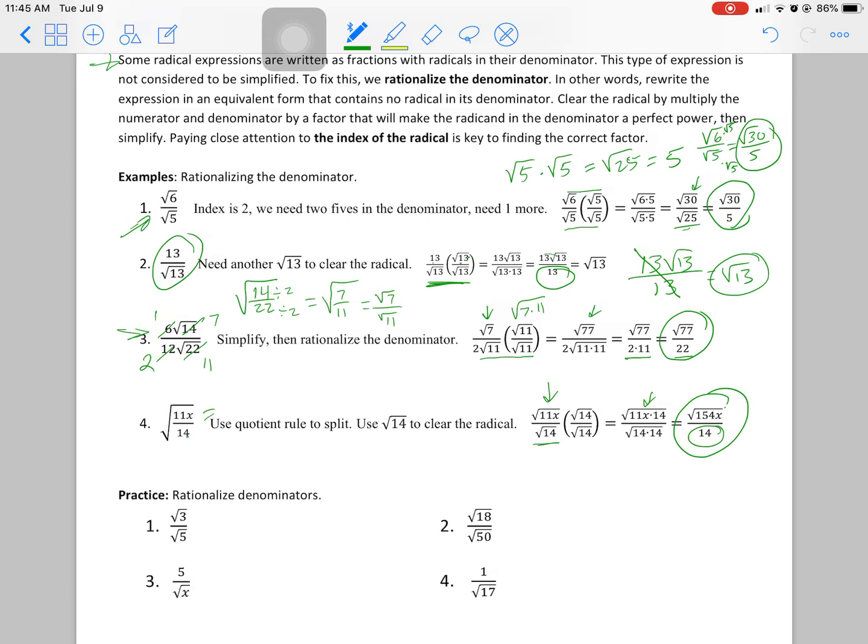It's not going to be... let's see, 154 is a large number. We want to check that there are no perfect squares in 154 real quick. Is 154 divisible by any of our perfect squares? Just checking myself here.